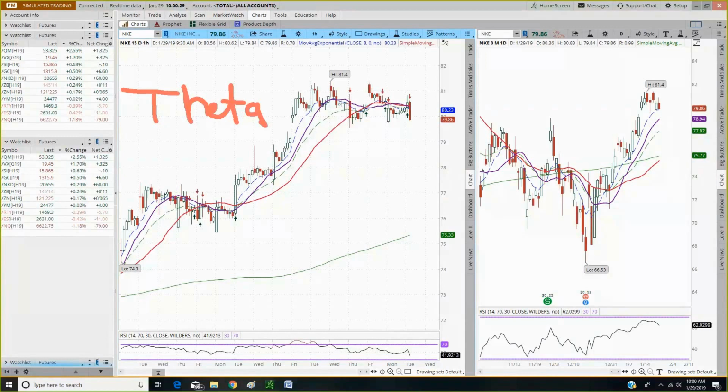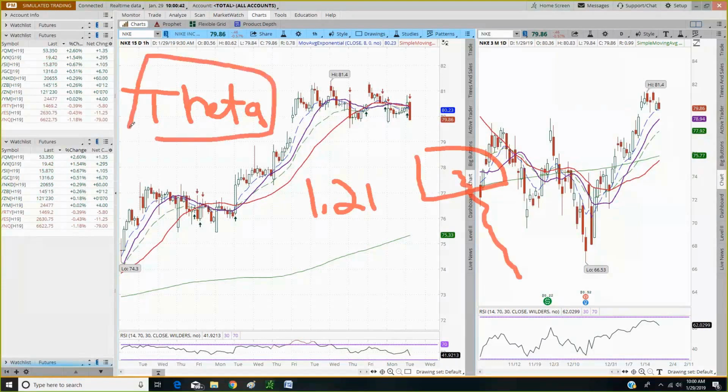It helps us. Because remember, we are given a credit. Time decay is like an ice cube that just bleeds away. The ice cube melts. So time decay, which is theta, helps us because our option is losing value every day. And if it loses value, that's good because we want to buy this back for less.